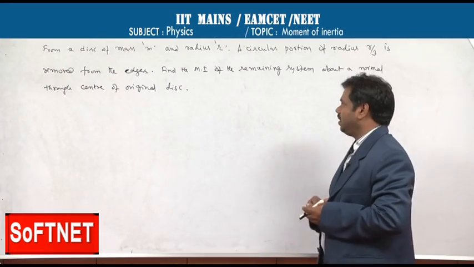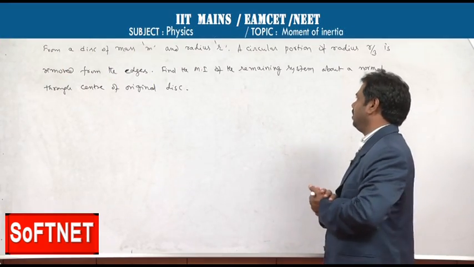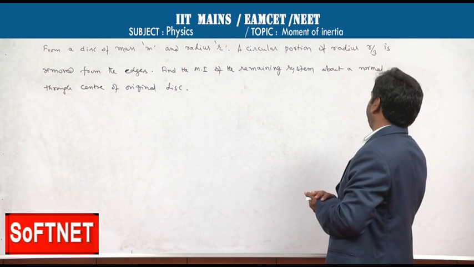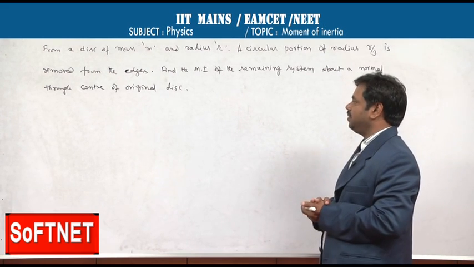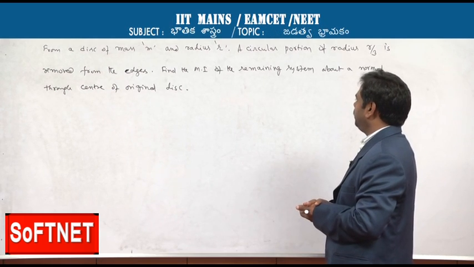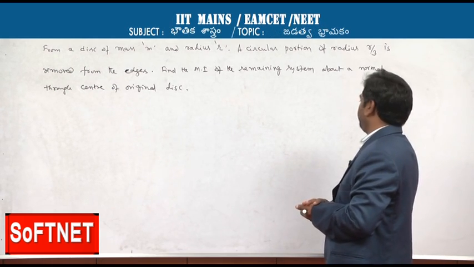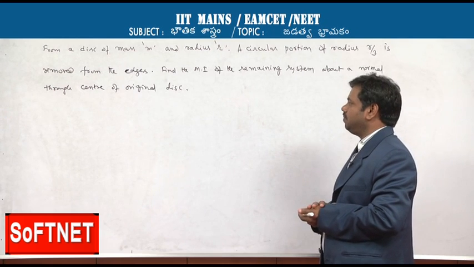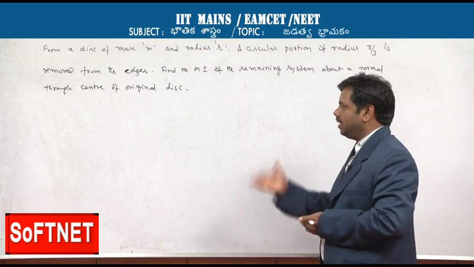From a disk of mass small m and radius small r, a circular portion of radius r by 3 is removed from the edge. Find the moment of inertia of the remaining system about a normal through the center of the original disk. Let us solve this.